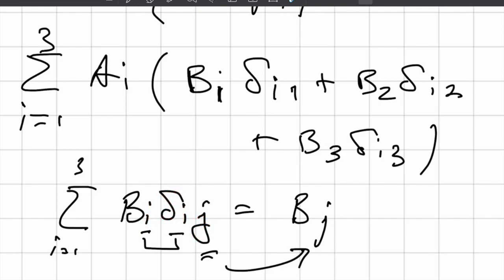The effect of doing the sum, in this case over I, just replaces the index I with the index J. So let me say that again, just to be clear. When you perform a sum that has a Kronecker delta, what it does is it takes this I index that they share in common and replaces it with this other index, making it a J.